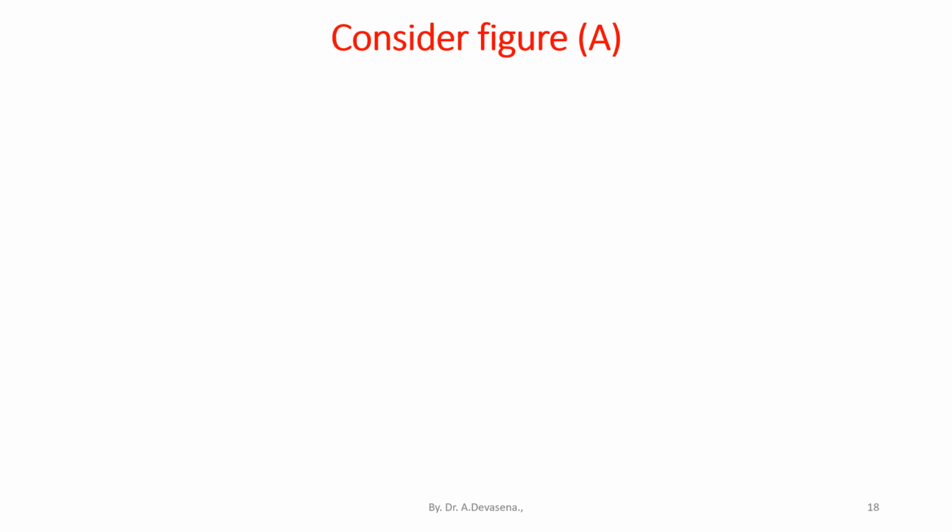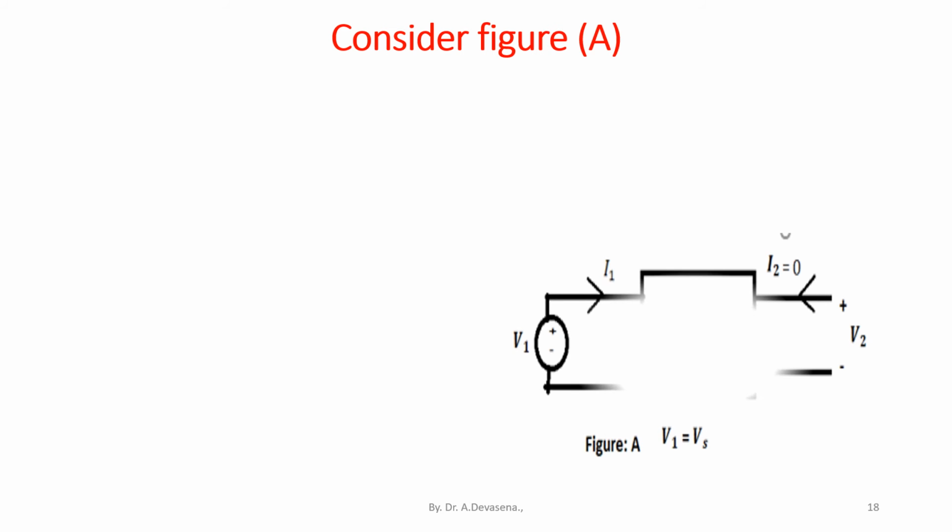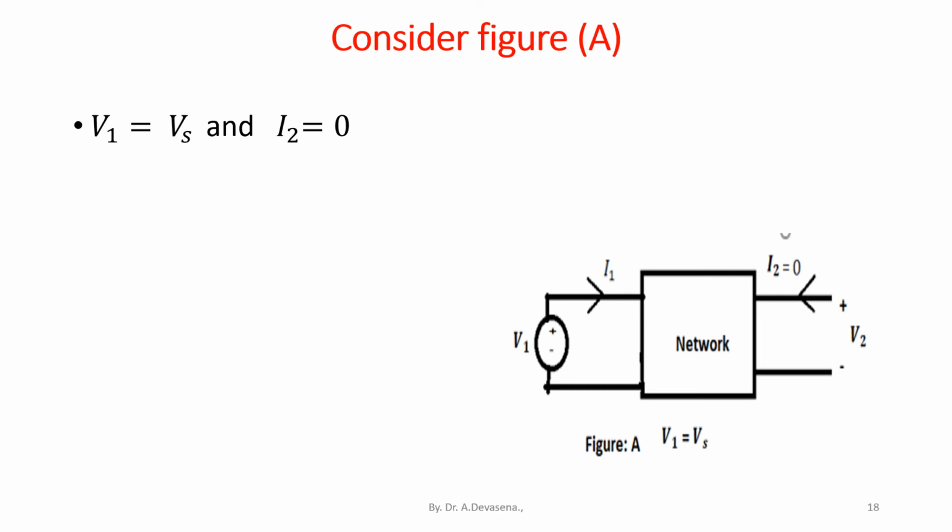Consider figure A. This is the representation of figure A. Here we have V1 equal to Vs and I2 equal to 0. That is, the input voltage is Vs and the output current is open circuited.